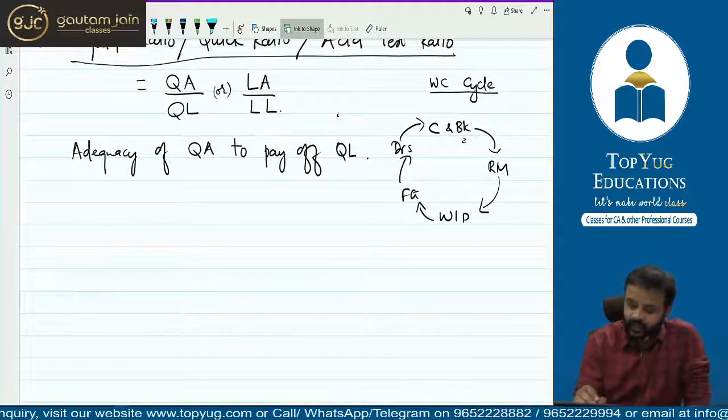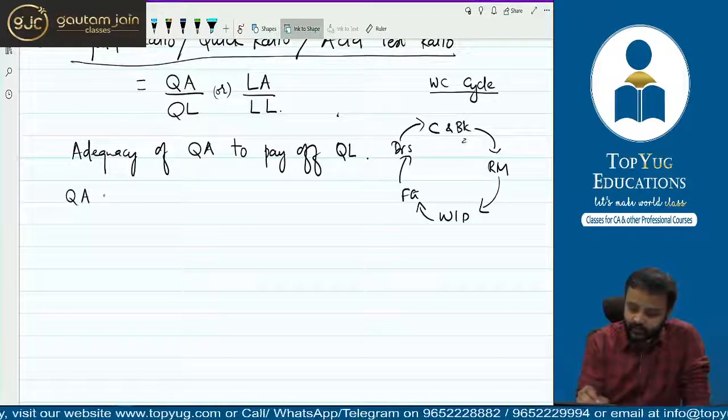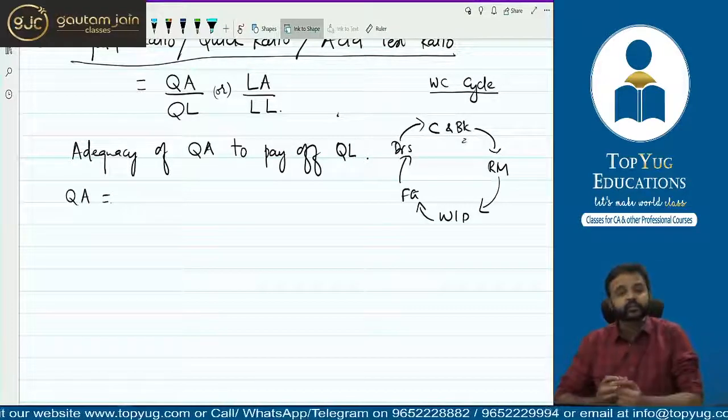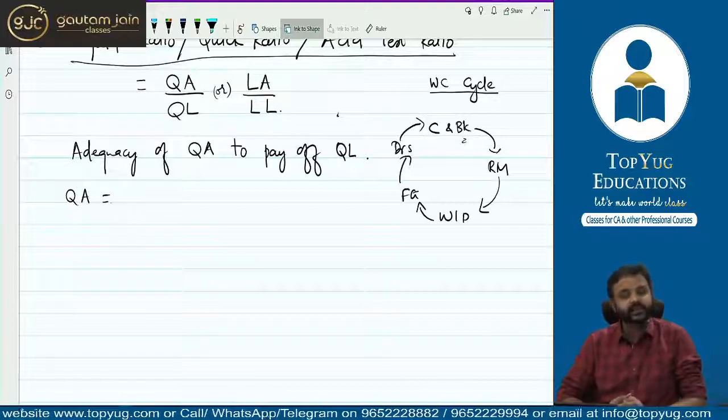And when we talk about quick assets, what do we mean by that? Is it the same as current assets?